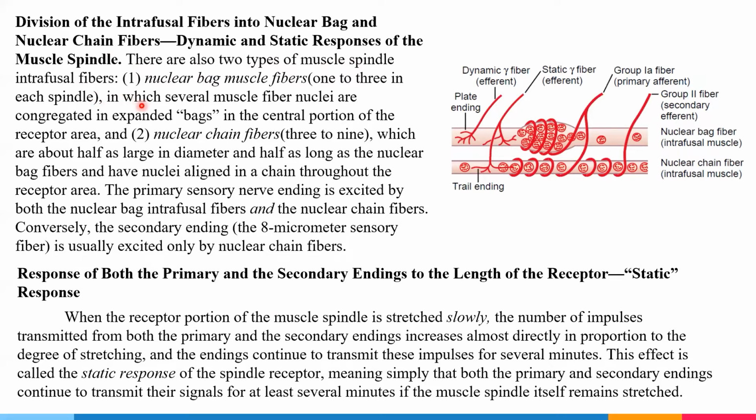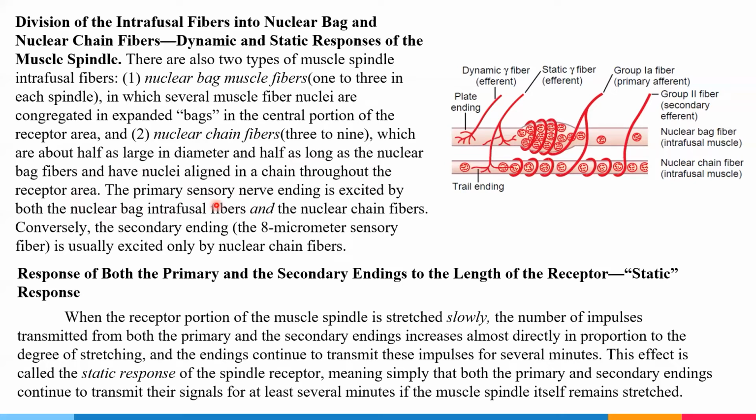The first is nuclear bag muscle fibers, with 1 to 3 per spindle, in which several muscle fiber nuclei are congregated in expanded bags in the central portion of the receptor area, and the second being nuclear chain fibers, with 3 to 9 in one muscle spindle, which are about half as large in diameter and half as long as the nuclear bag fibers and have nuclei aligned in a chain throughout the receptor area.